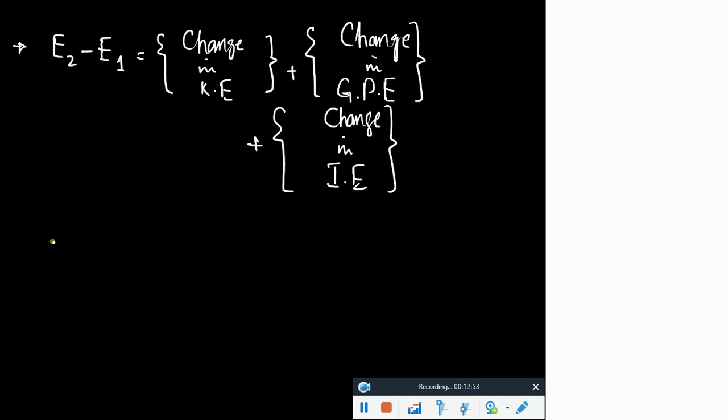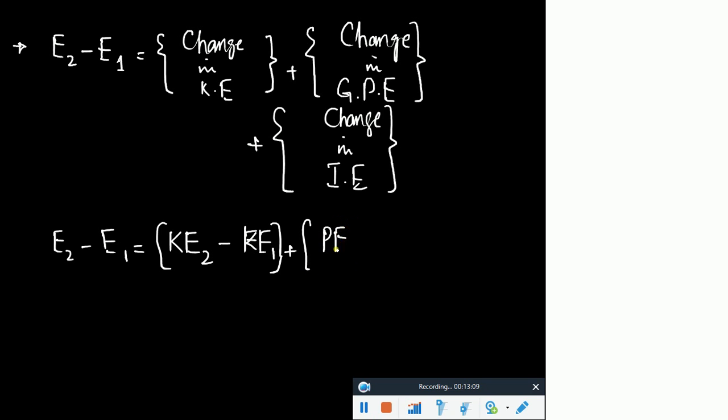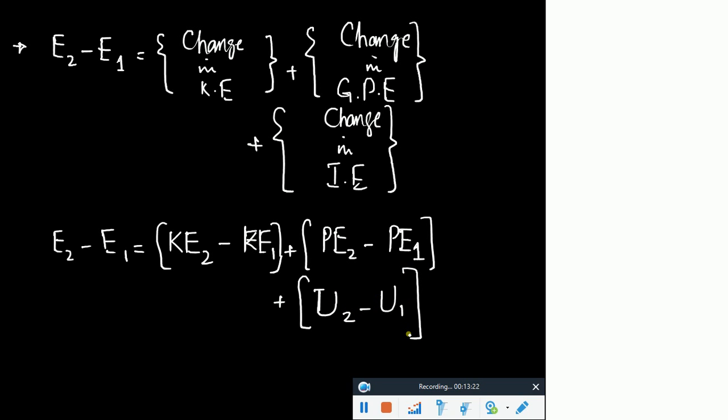So mathematically, E2 minus E1 would be what? I hope you understand the notations I am using. And by the way, internal energy is represented by U, so I would use this.